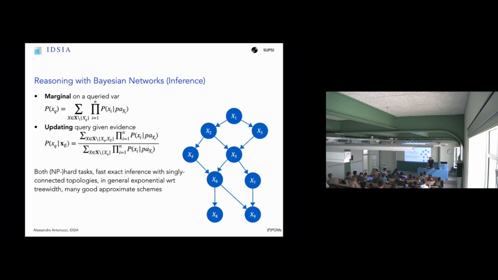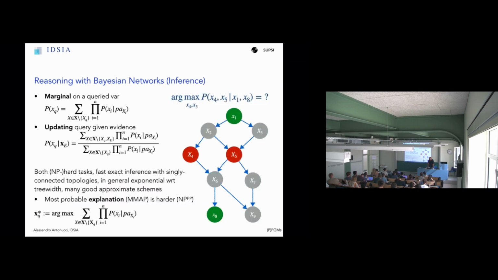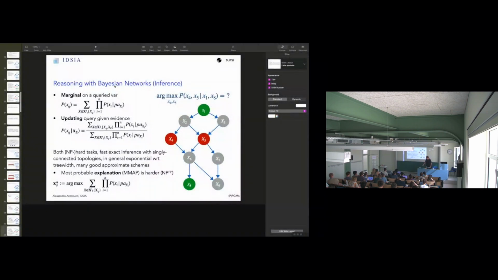An even more challenging problem is the MAP inference. This is marginal maximum a posteriori, but you can also call it the most probable explanation. This is what I was also calling reasoning. Here I'm interested in finding the most probable state of a variable, or typically of a set of variables, given some evidence.